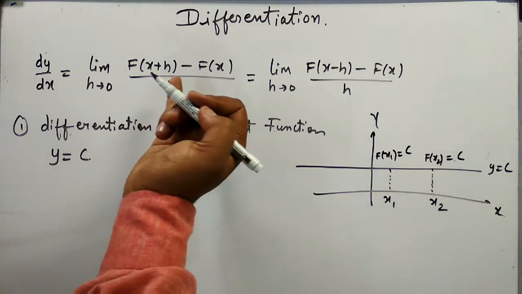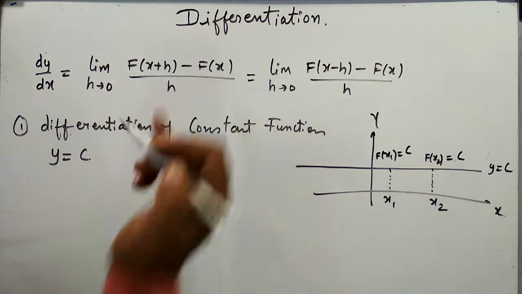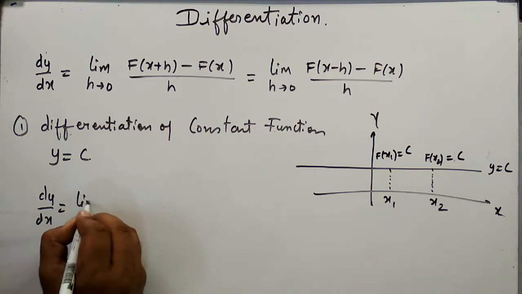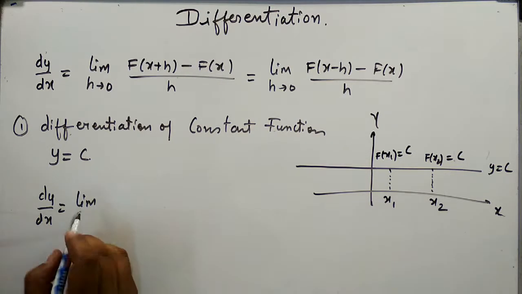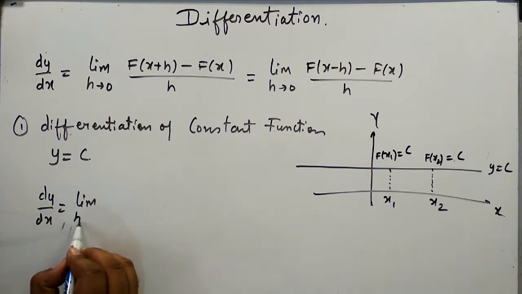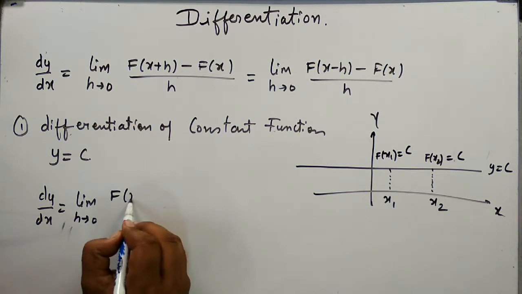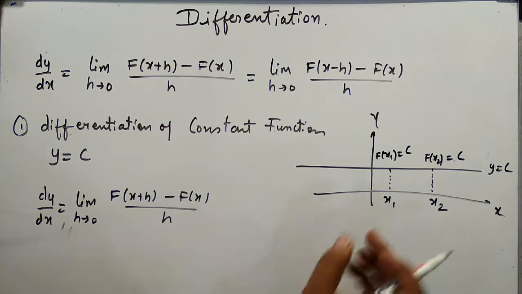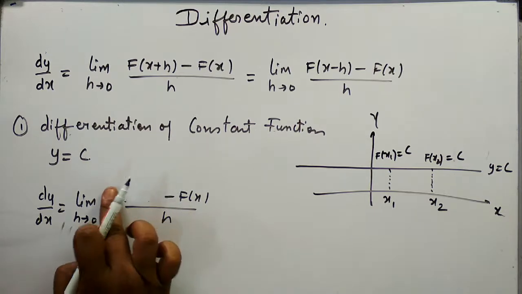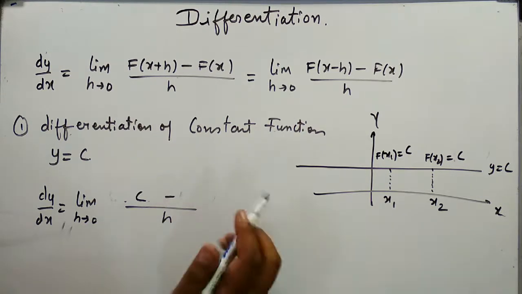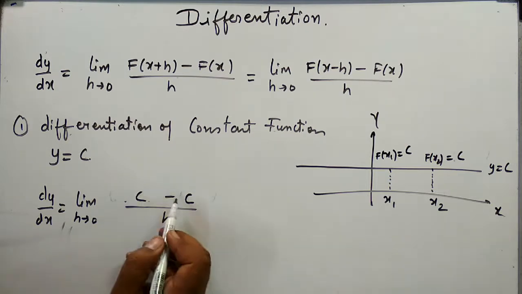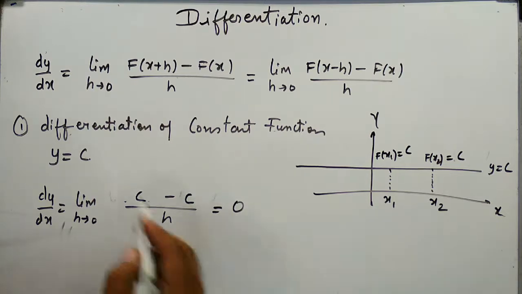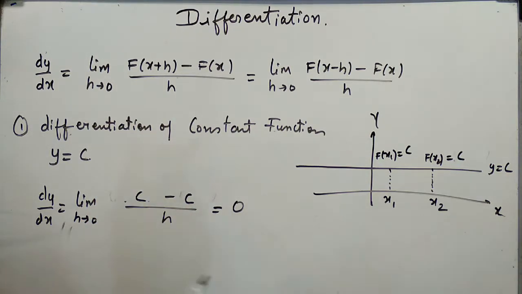Now we find the derivative of this function by first principle. You will get limit h tending to 0 of f(x plus h) minus f(x) by h. Now in place of f(x plus h) you write c, and in place of f(x) you also write c. c minus c is equal to 0, which gives the derivative of a constant function equal to 0.